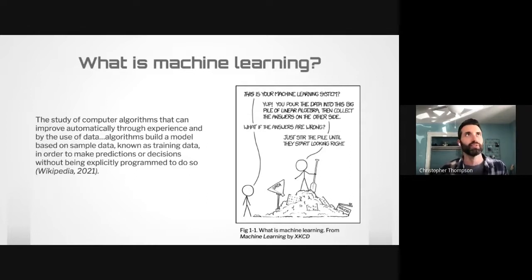And this is one of my favorite GIFs, right? It says, this is your machine learning system. And he says, yep, pour the data into this big pile of linear algebra and collect the answers on the other side. And he's like, what if the answers are wrong? And it says, well, just stir the pile until it starts looking right. This points to some of the criticisms of machine learning, and of statistics in general, which is part of the backbone of machine learning, along with linear algebra.